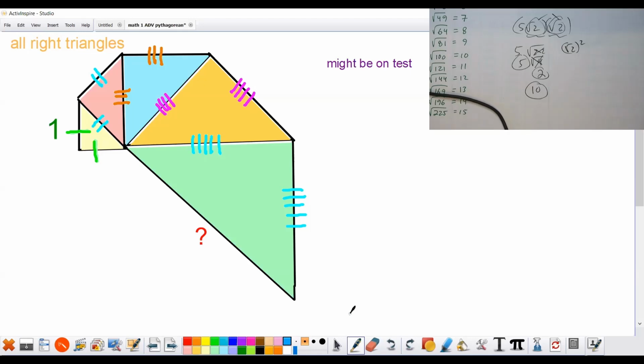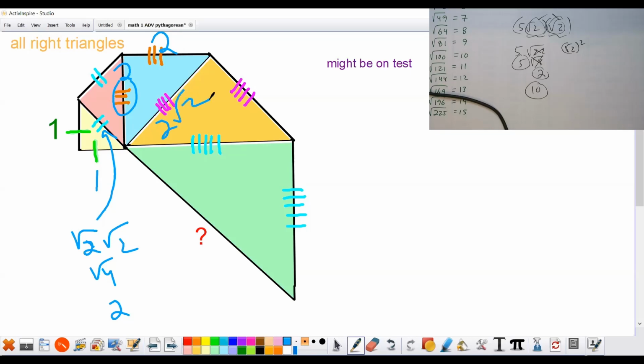All right, welcome back. I'm going to try to write these in on here. 1, 1. Okay, so in here, there's not much room. That would be radical 2. 1 times radical 2. Radical 2 times radical 2 is square root of 4, which is 2. So this piece here is 2. This would be 2 times the square root of 2.